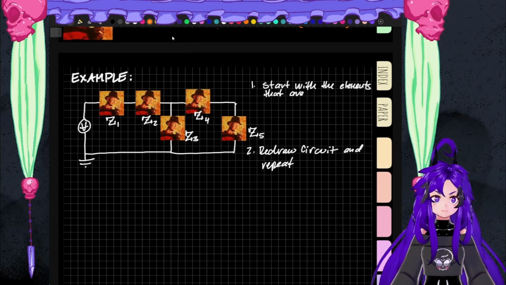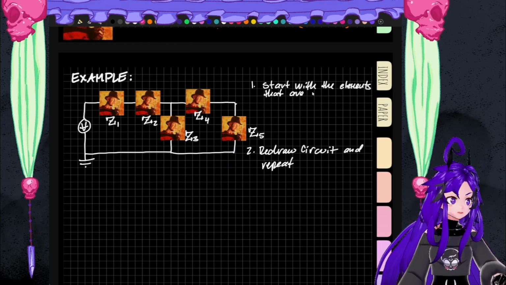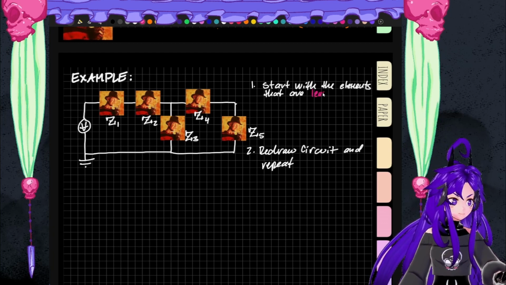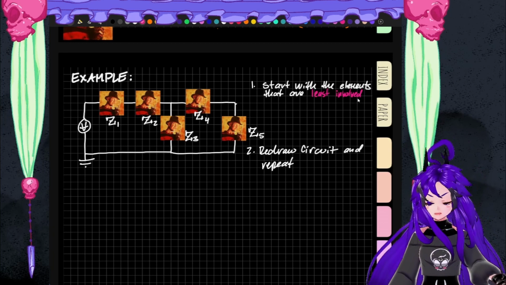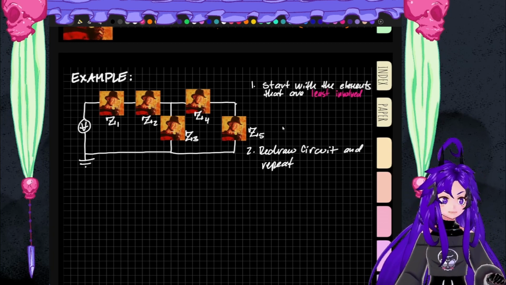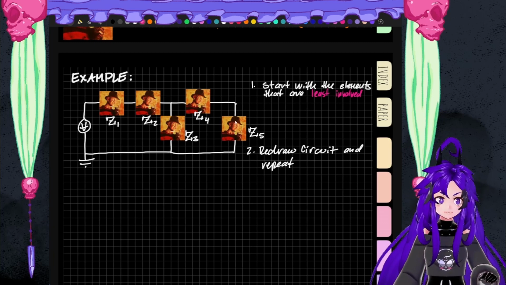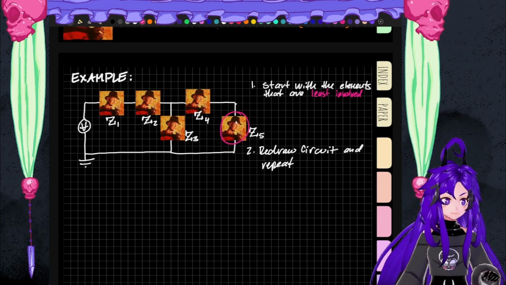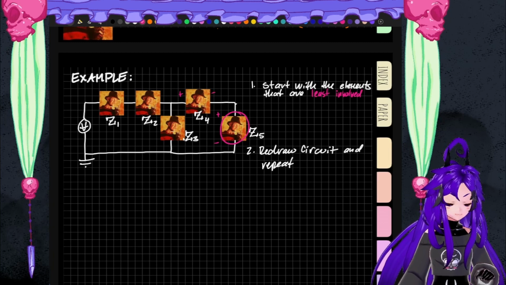First of all, we want to start with the elements that are the least involved. What does that mean? Well, we are looking for elements that have very few connections, like this one, for instance. This one only has one connection. Plus negative, plus negative.